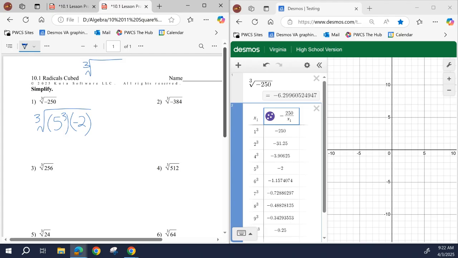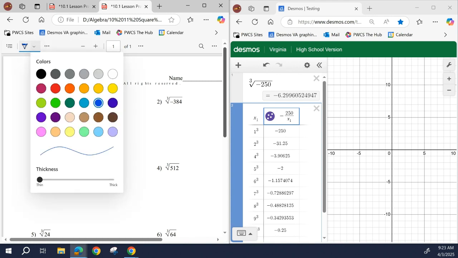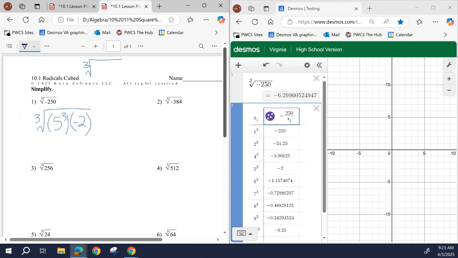And so much like with a square root and an exponent of 2, a cube root and an exponent of 3 are opposite operations. They cancel. So I can pull that 5 with the exponent of 3 out of the cube root. And when it does that, the exponent goes away. It's a bit like when I move something from one side of the equal sign to the other, it changes its operation.